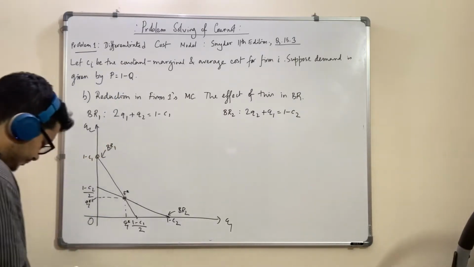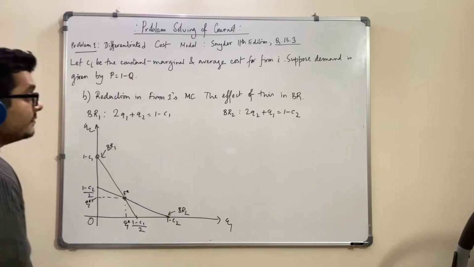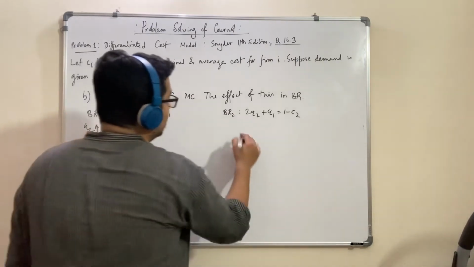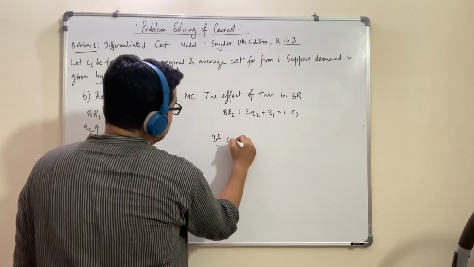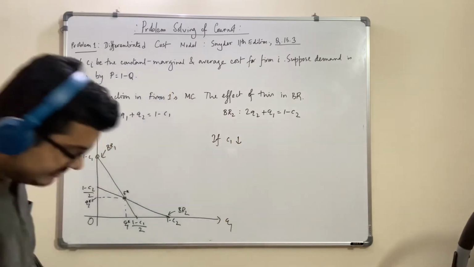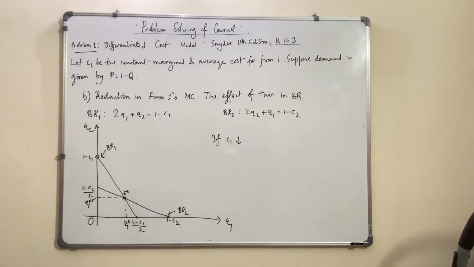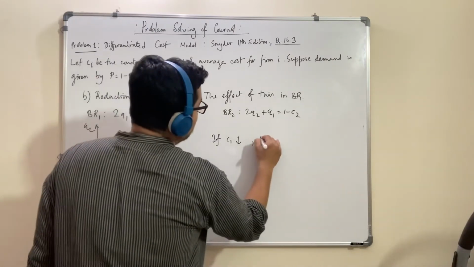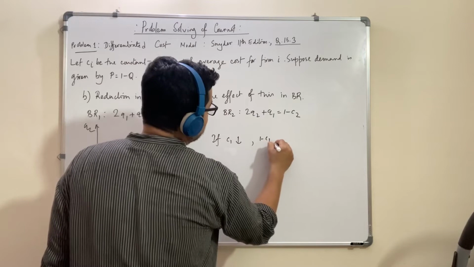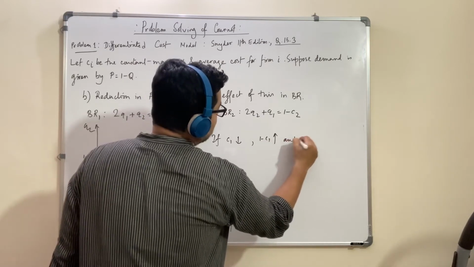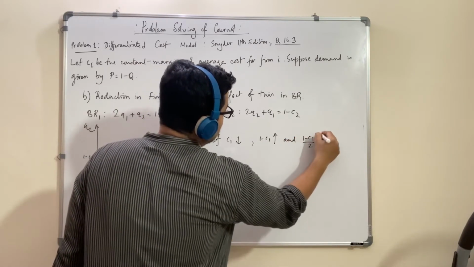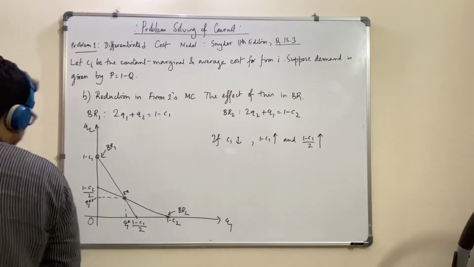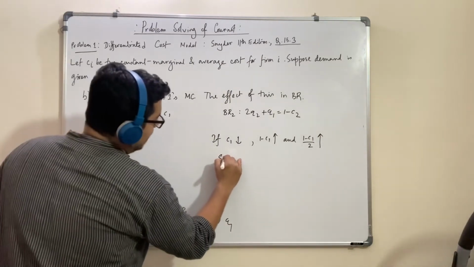Now, if C1 decreased, then obviously 1 minus C1 increased and 1 minus C1 by 2 both increased. So we are looking at a rightward shift.